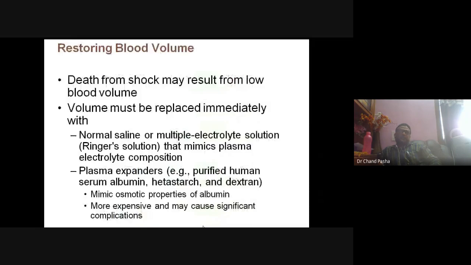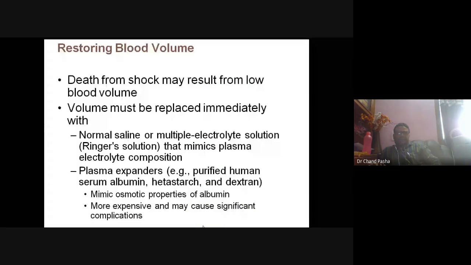Restoring blood volume: death or shock may result from low blood volume. I told you, if an accident happens, it may lead to death because of the loss of blood volume. So immediately, volume restoring is important. Normal saline and multiple electrolyte, Ringer's solution will do, which mimics the plasma electrolyte, with 0.89% normality, should be injected.